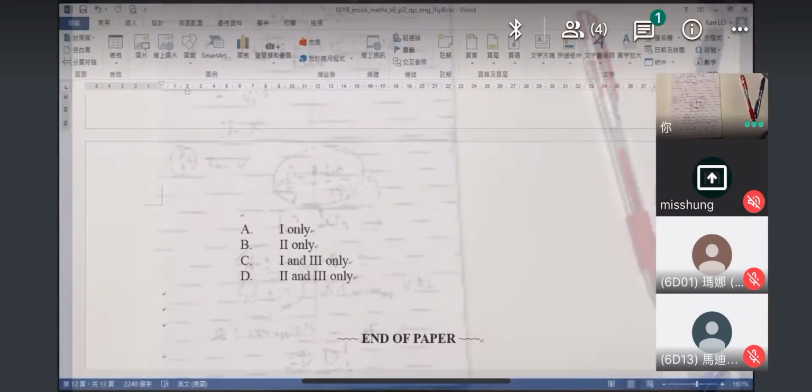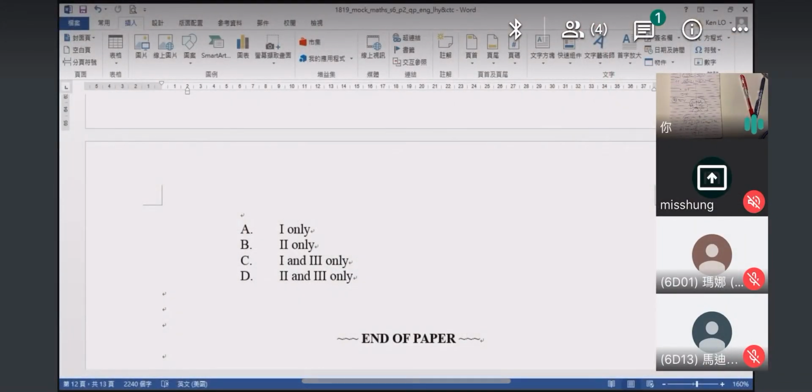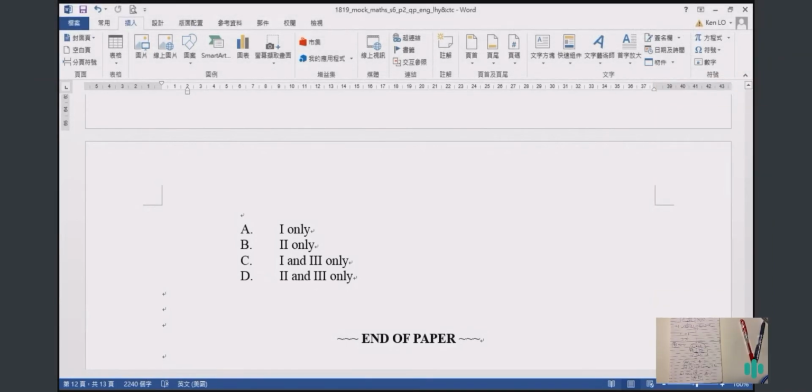Okay, so we finished all of this paper 2, and I hope that you can follow. And I know that you are having a mock exam this week, and you will have your mathematics mock exam next Monday.